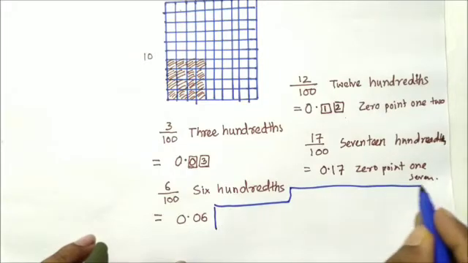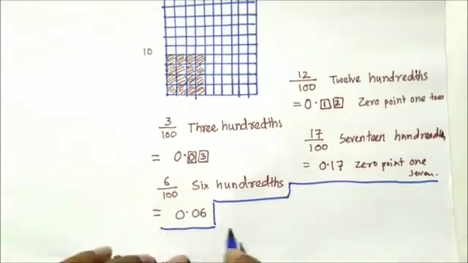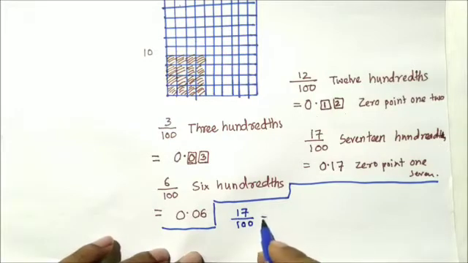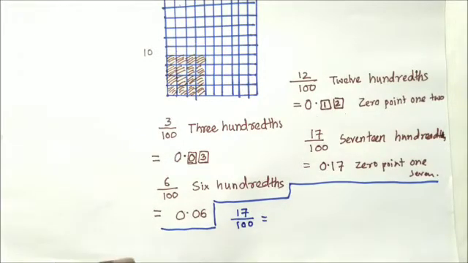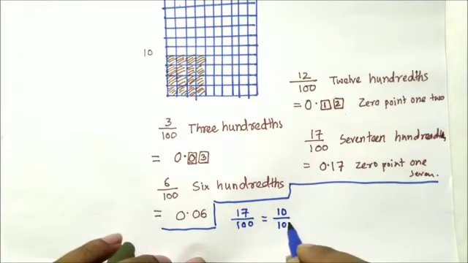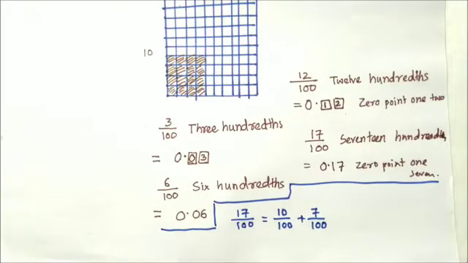Now a different thing we will discuss in this. Let us say 17 by 100. We can write it as 10 by 100 plus 7 by 100, because it is 17.